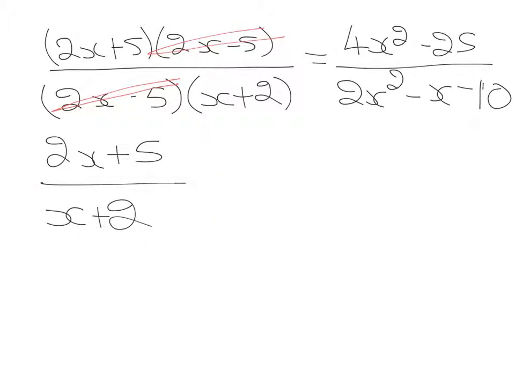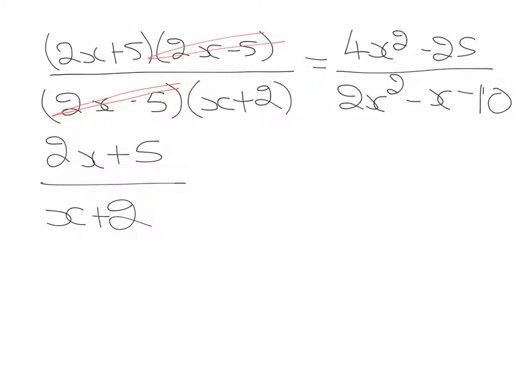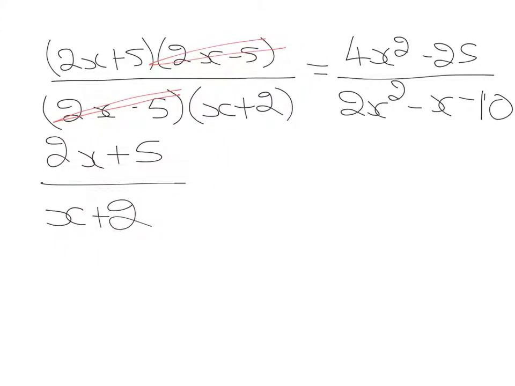Right, marking scheme. You get a mark for getting your difference of two squares. For part B, you get a mark for starting to factorise.